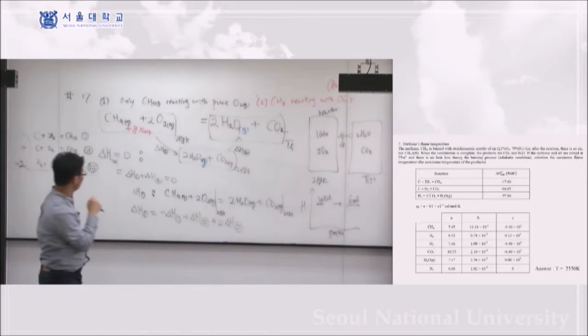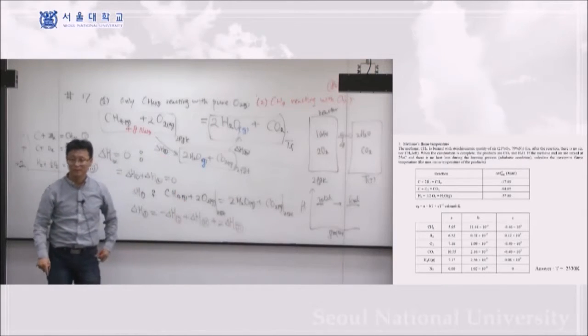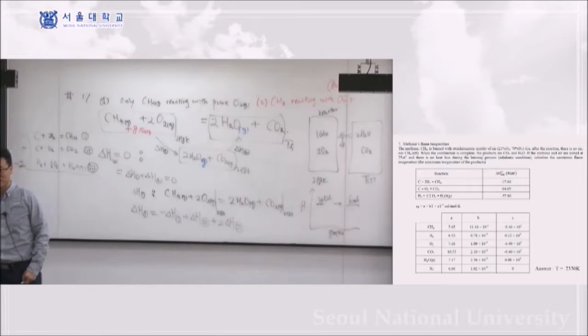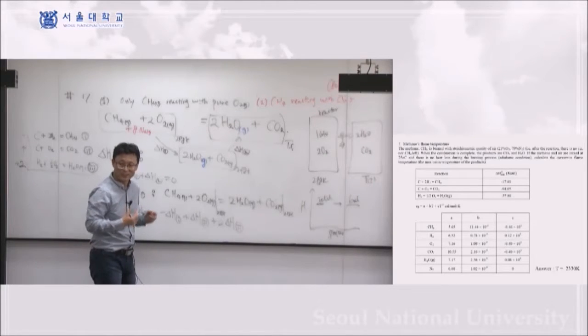And then during the chemical reaction for this first step, what is nitrogen doing? For nitrogen, there's no chemical reaction. So nitrogen is just hanging around without anything, okay? Just consuming the heat, basically.